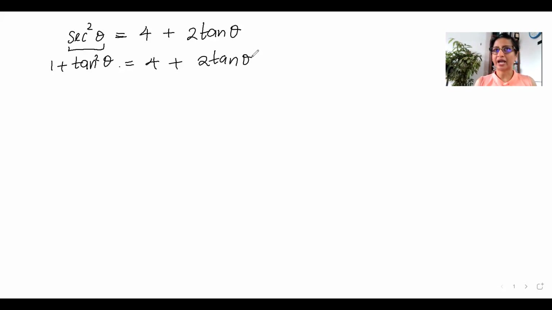That means I have a square term. So this is an equation of tan theta, and in that I have the square of tan theta and just tan theta. What type of an equation is it? It's trigonometric, but do you see another type in this because of the square?